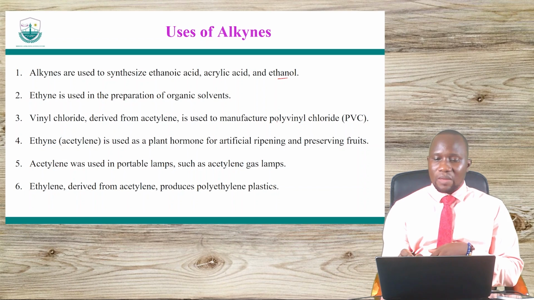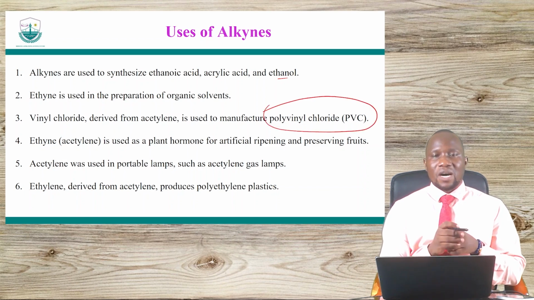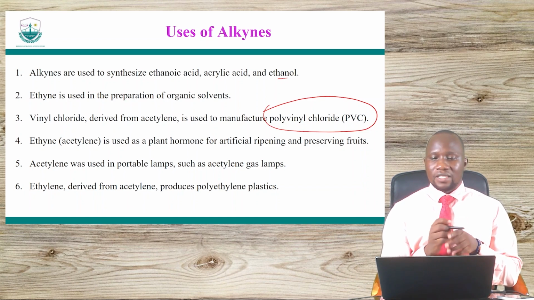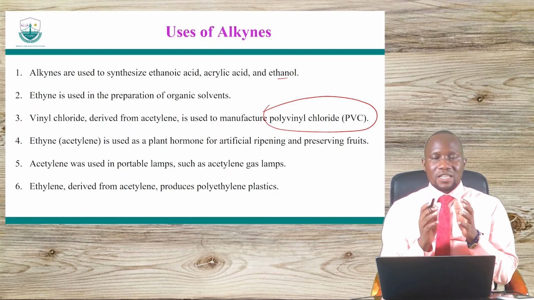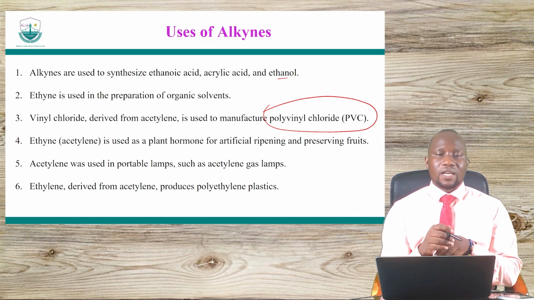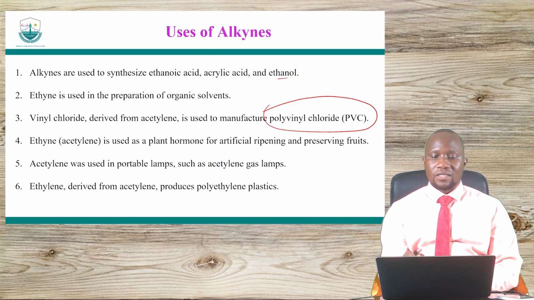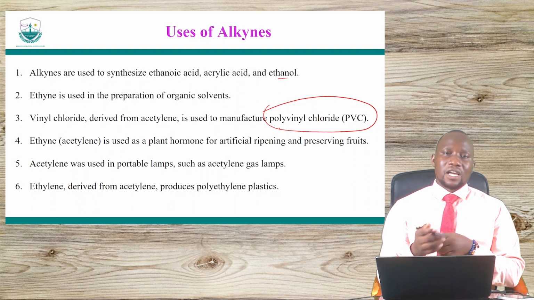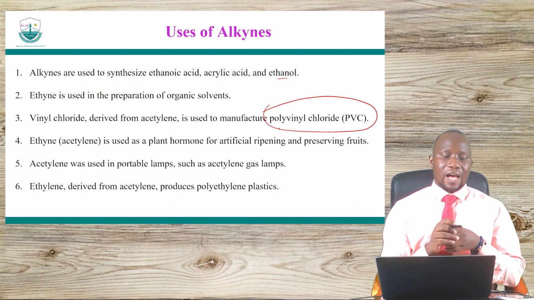If you check them out, they will have this PVC, which stands for polyvinyl chloride. That is the material used to make these pipes that I'm talking about, and they're actually made from alkynes. Alkynes play an important role there.